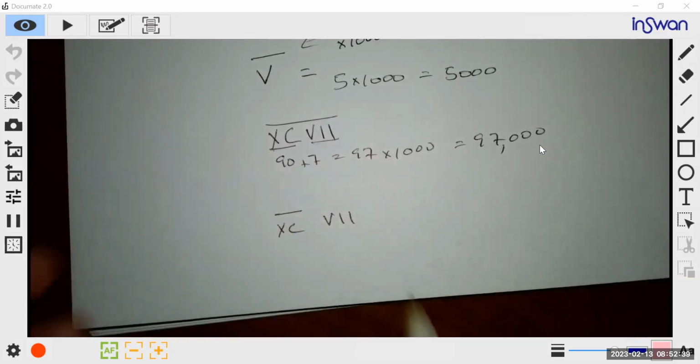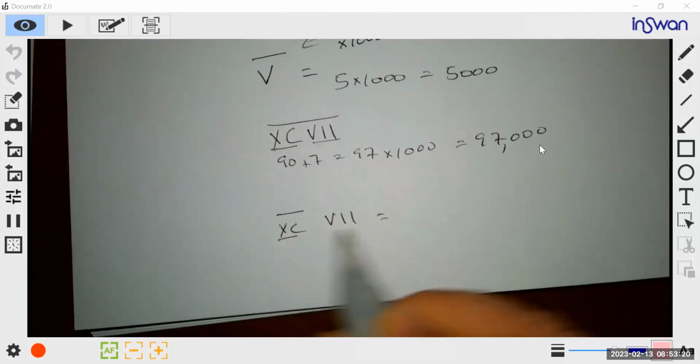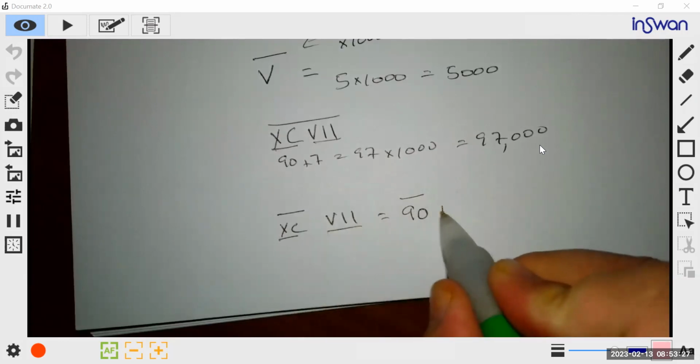What number would that be? Because XC is 90 and VII is 7.